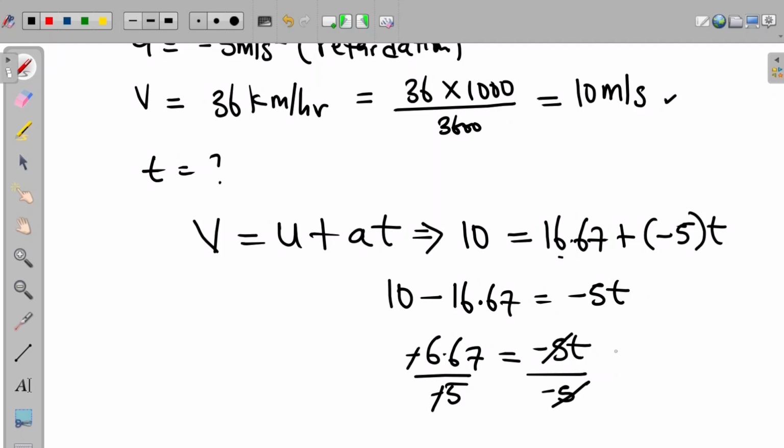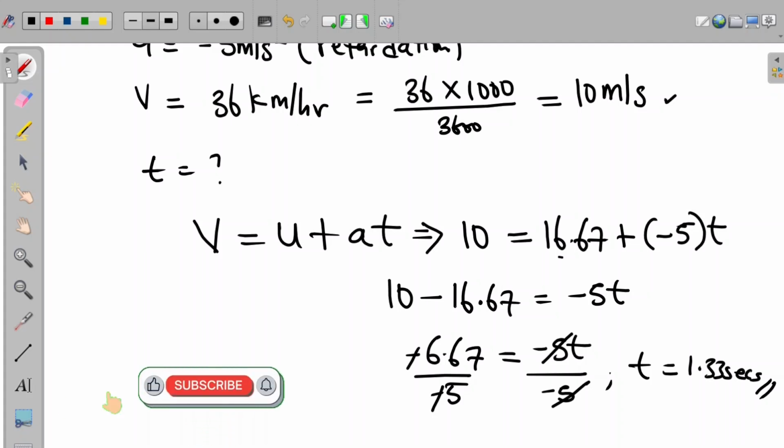So therefore the time taken, t, is equal to 1.33 seconds. So we have been able to calculate the time taken to reach a velocity of 36 km/h. Now let's take up the next question.